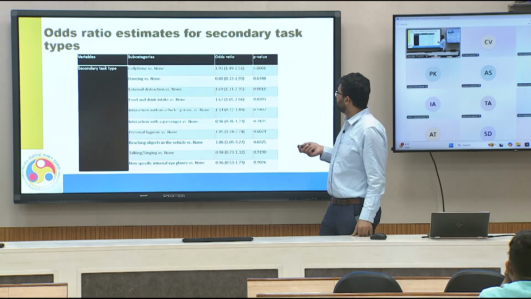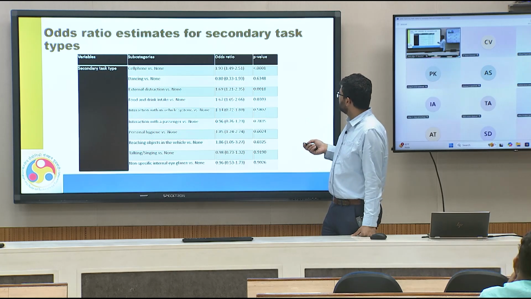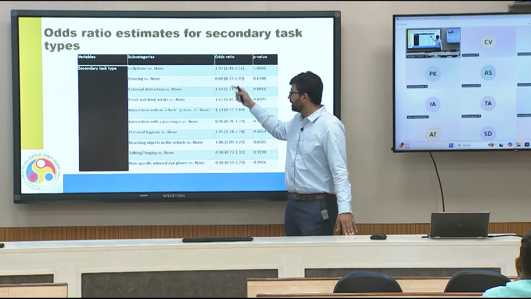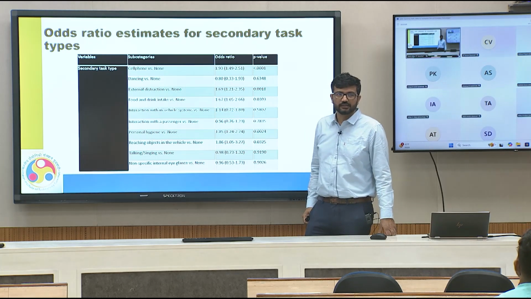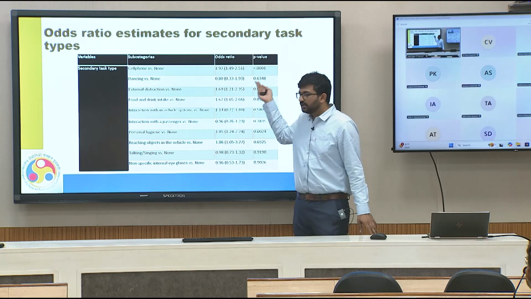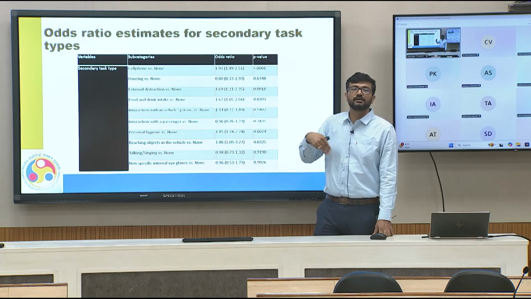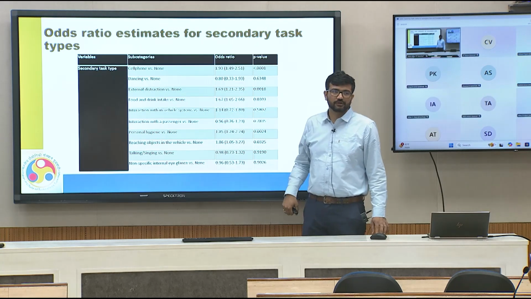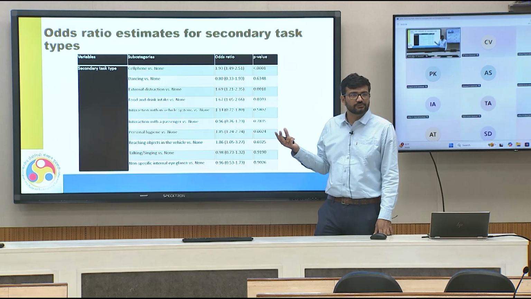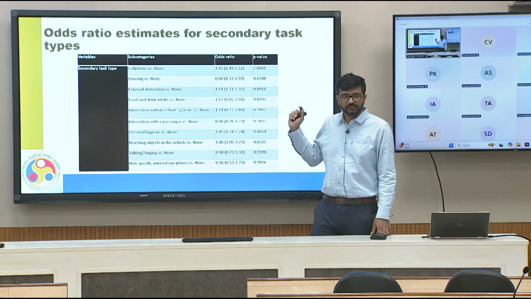After doing this, what we found is that use of a cell phone increased the crash risk significantly. 93% more risk was found to be associated with use of a cell phone compared to persons who are not using a cell phone.